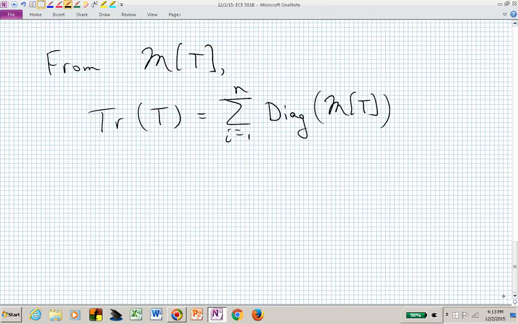Meaning if you can now take the linear operator, find the matrix representation of that, now all you have to do is add the diagonal entries in that matrix, and that gives you the trace.